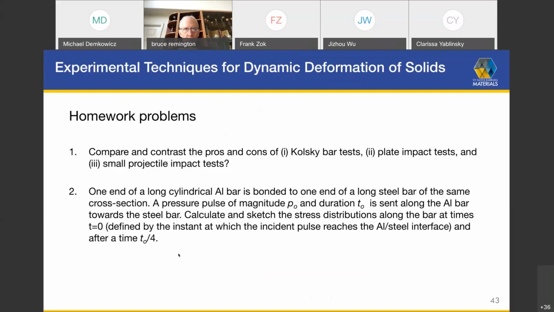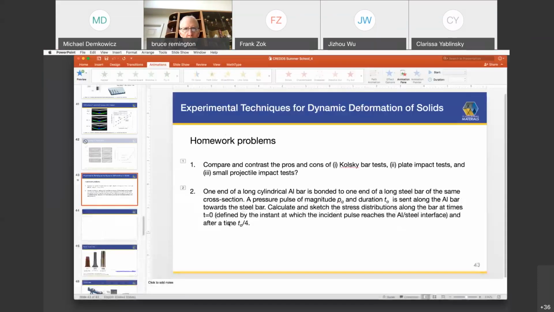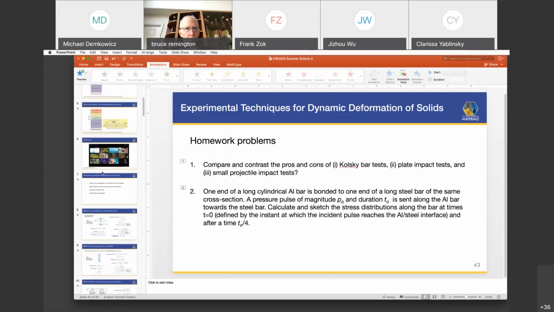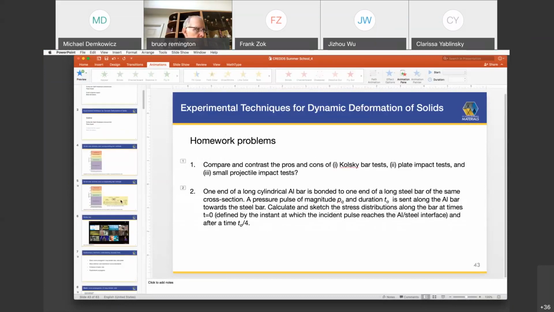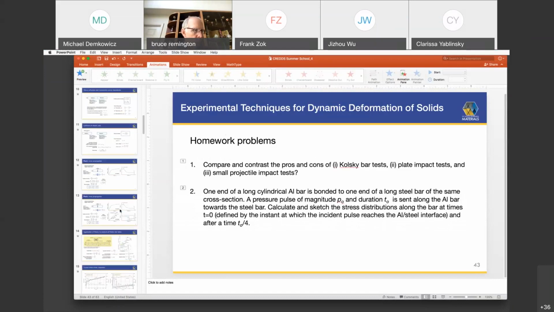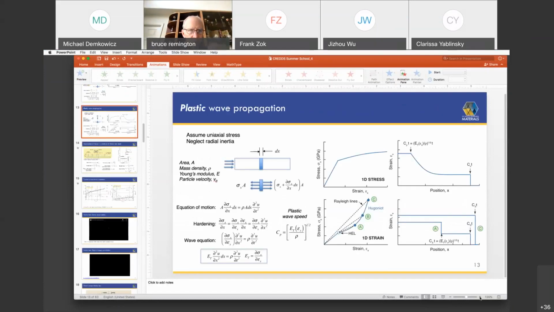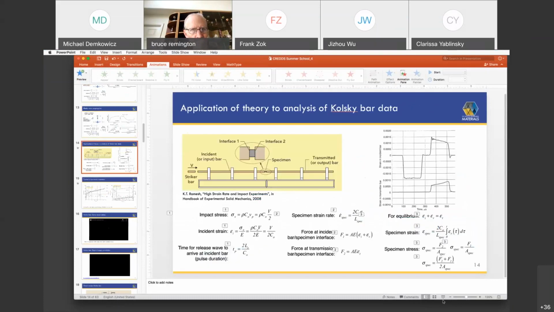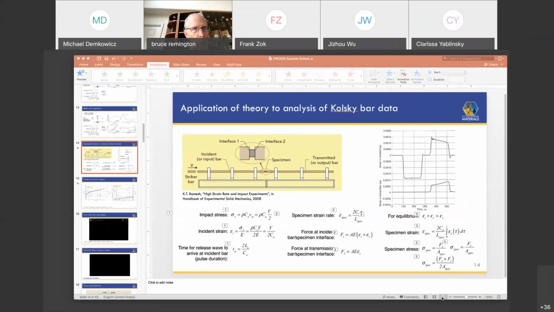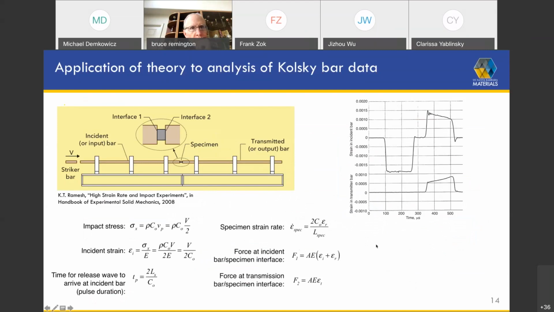Good question. So ultimately, what you find is that in the Kolsky bar test, these things are controlled by the striker bar velocity and the striker bar length.